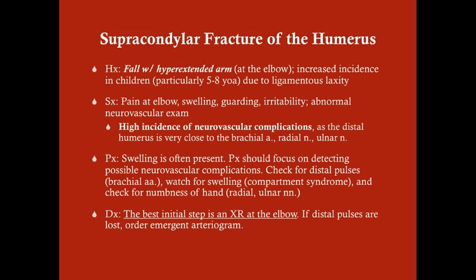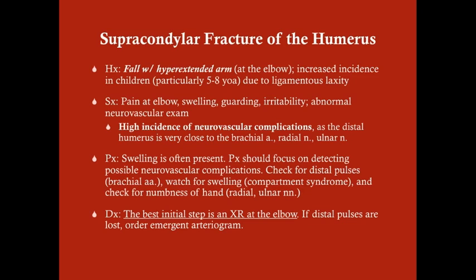And so that's something that we're very concerned about with supracondylar fracture of the humerus. Remember that there are certain fractures that are particularly associated with compartment syndrome, and those are supracondylar fracture of the humerus, tibial fractures, and forearm fractures.